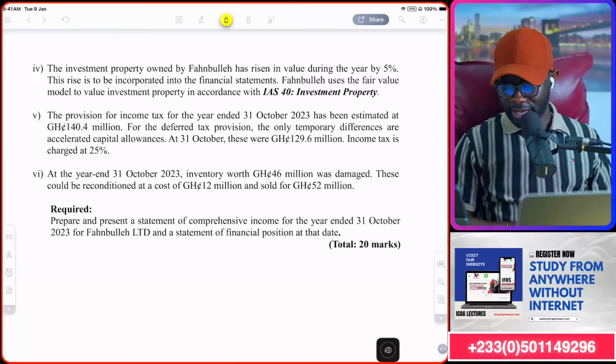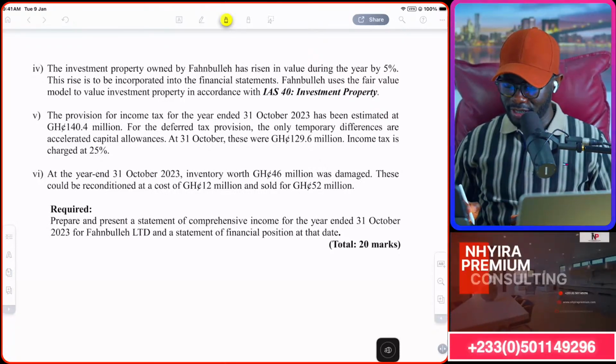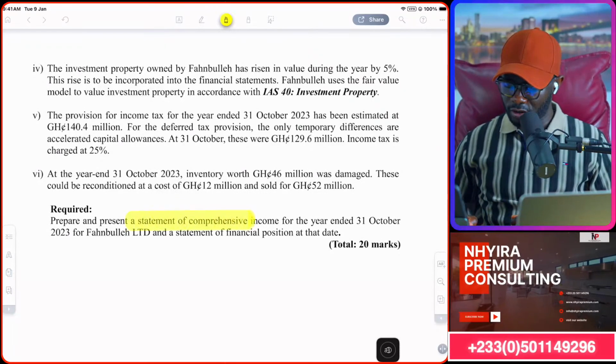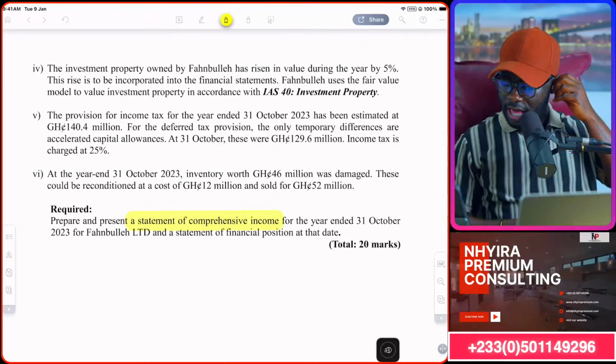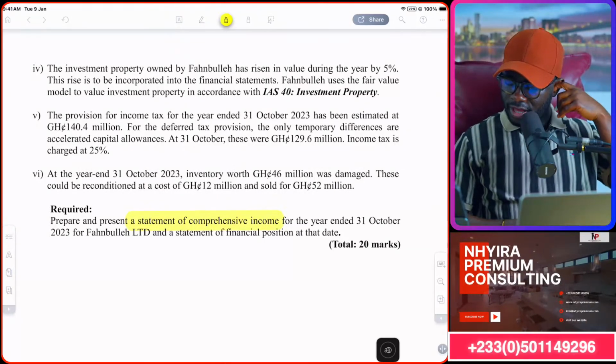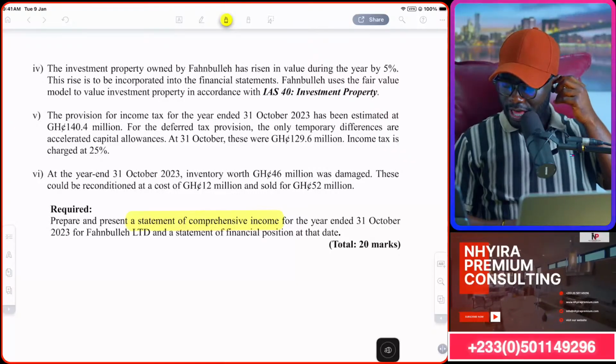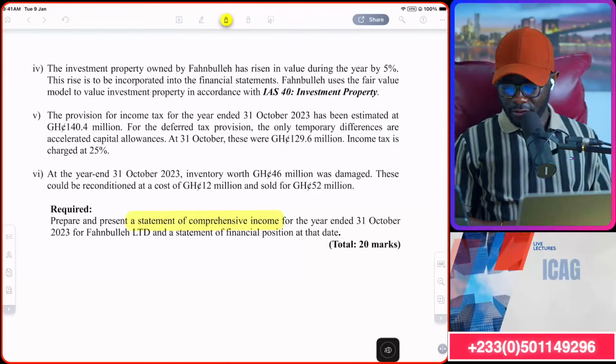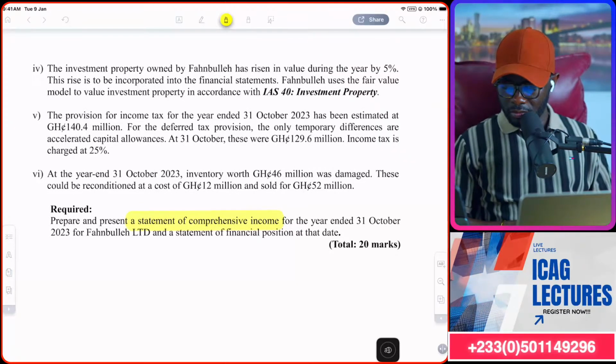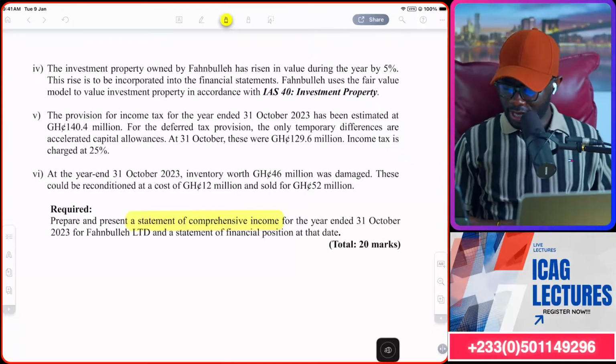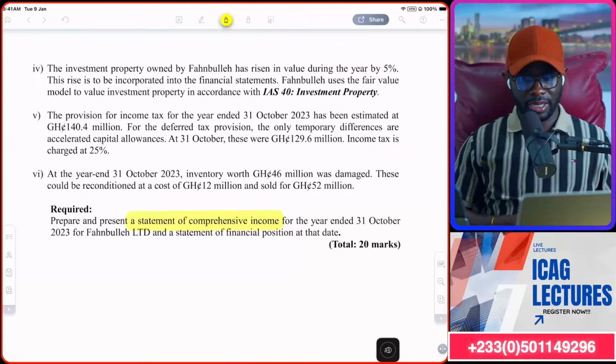The examiner says, prepare and present a statement of comprehensive income for the year ended 31st December 2023 for Fan Bala Limited, and a statement of financial position at that date.